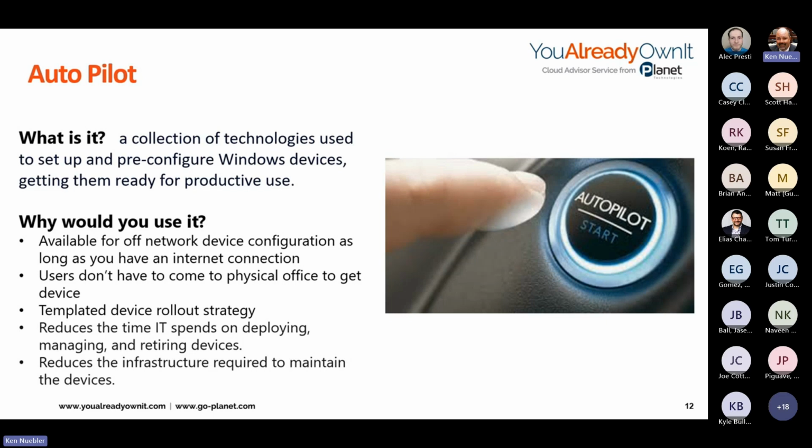And the important thing to point out here, right, Alec, is the fact that in the past, this required people to log in via VPN, possibly to get configured. And as long as you have access to the internet now, this is a great way to get those devices up to speed, right? Exactly. So if you're fully cloud only, all they have to do is sign in.